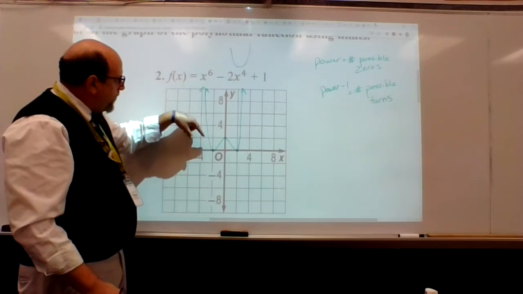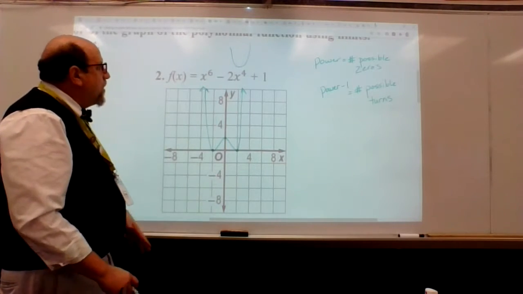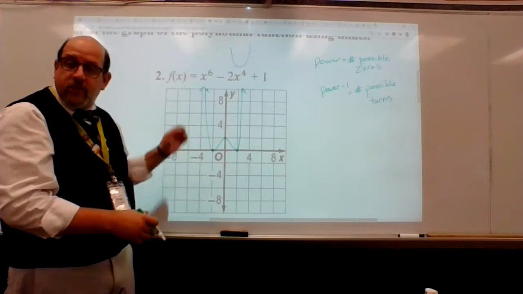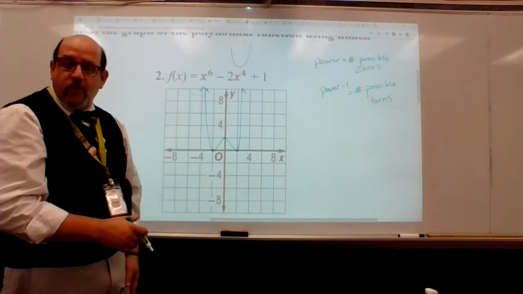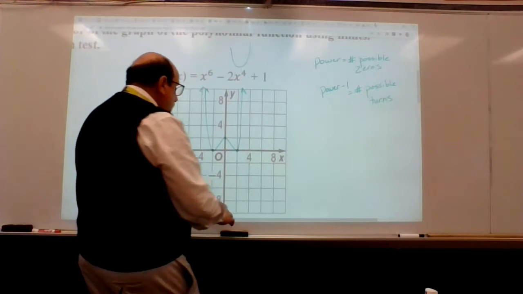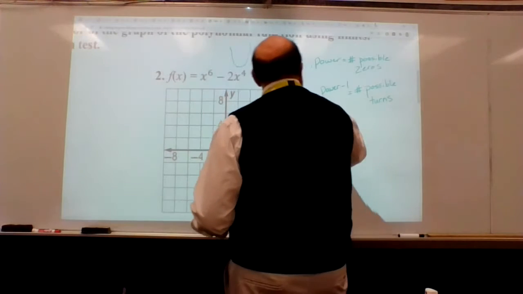It really only turned a few times, right? Turned once, twice, and then a third time. But that's only because it had the one term in here. Sometimes when there are more terms in there, you'll get more turns of your graph. So that's really all there is to it. It's not a huge, difficult concept to worry about.